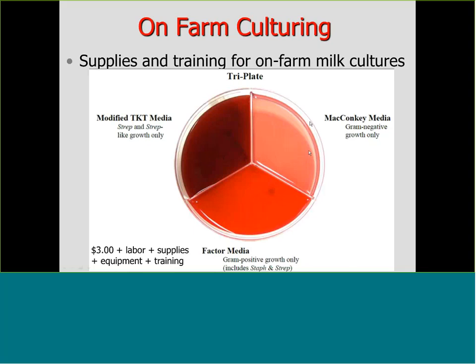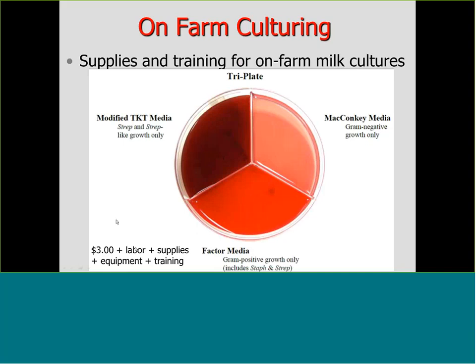And over here it's got MacConkey media, which only grows gram-negatives. And over here it's got this NTKT, which only grows streptococcus. And down here it's got this factor media, which grows all gram-positives, so staph and streps. And these plates cost about $3 each.